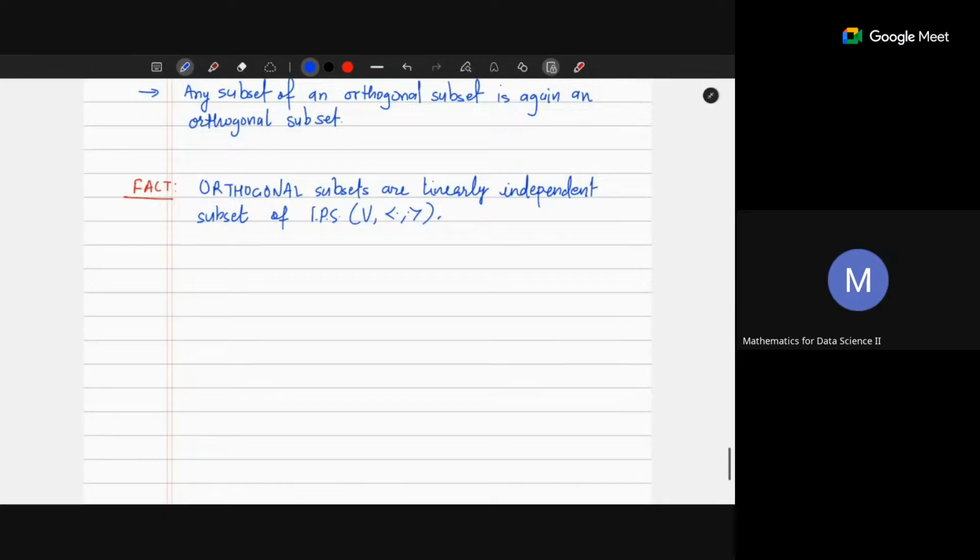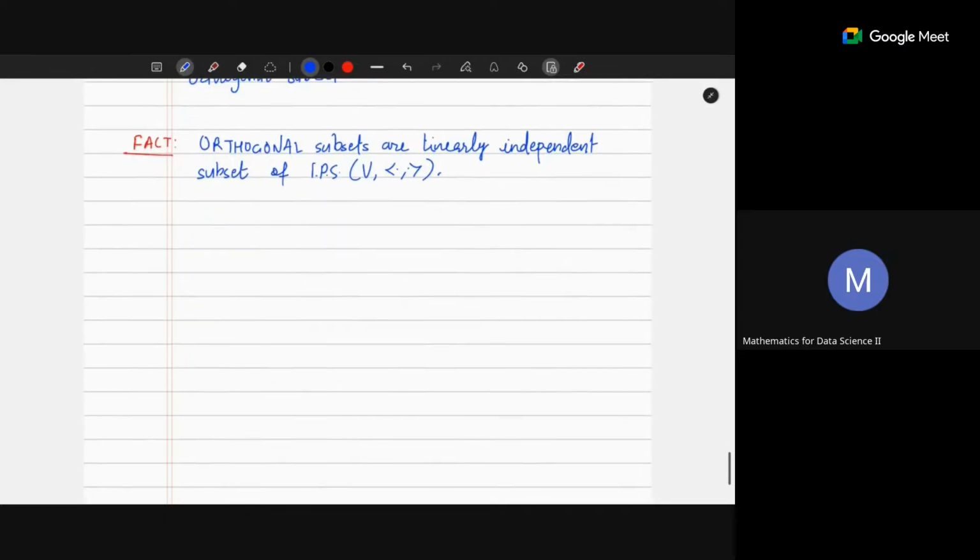So, in other words, in order to obtain an orthogonal basis, what do I need now? I already have the linear independence. What is the other requirement to form a basis? To obtain a basis of a vector space, there are two requirements. First is linear independence.